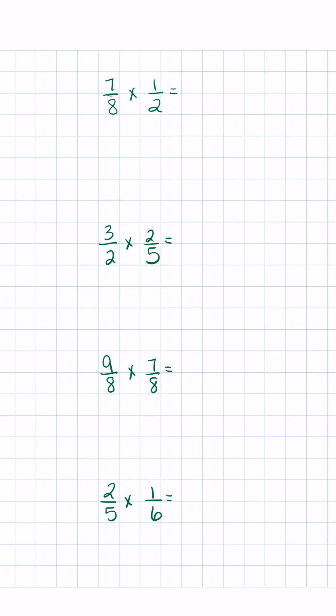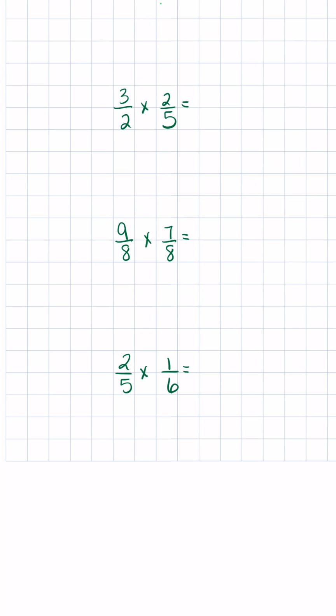So now we have 7 times 1 is 7. 8 times 2 is 16. 7 can only be divisible by 7 and 1, and 16 cannot, so that is simplified. Next, 3 times 2 is 6. 2 times 5 is 10.